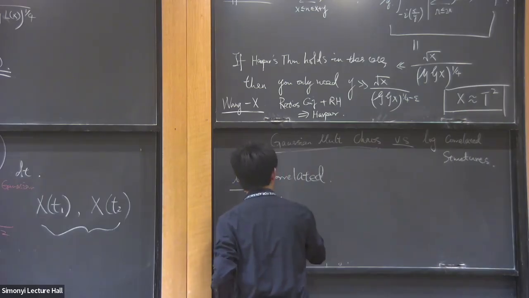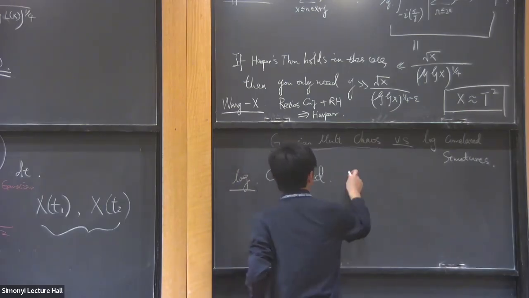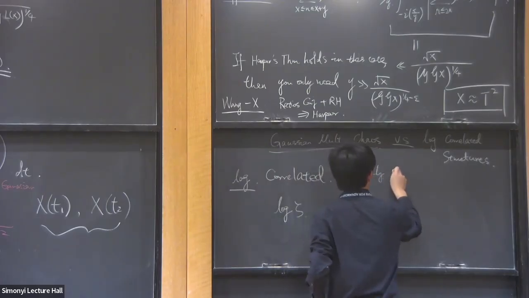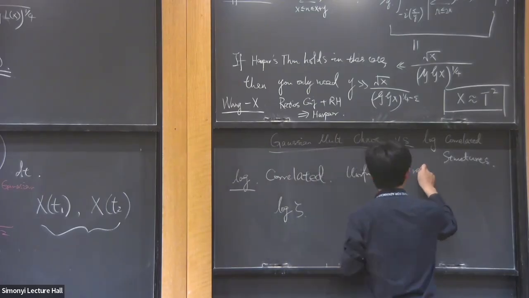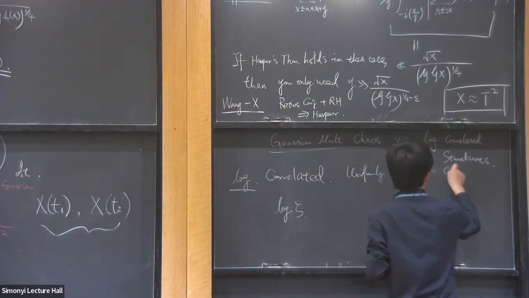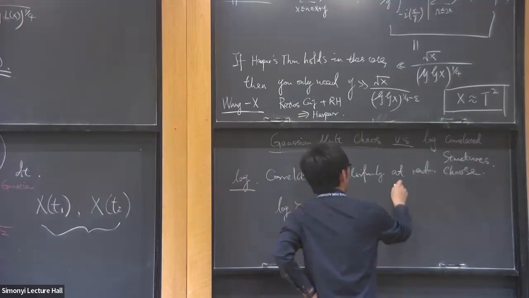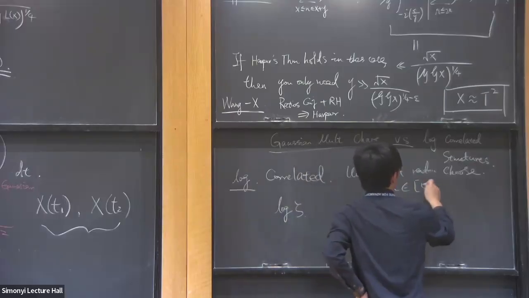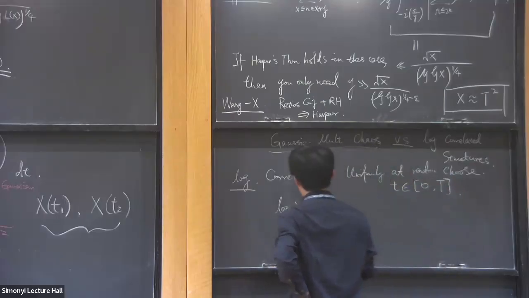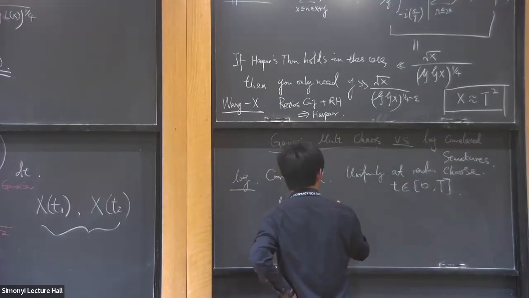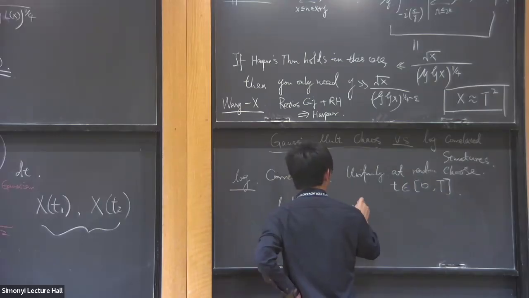Let's say if we have log zeta, and I uniformly at random choose t from 0 to capital T, then you care about log zeta of half plus it plus ih1.